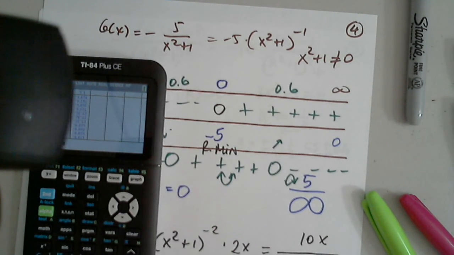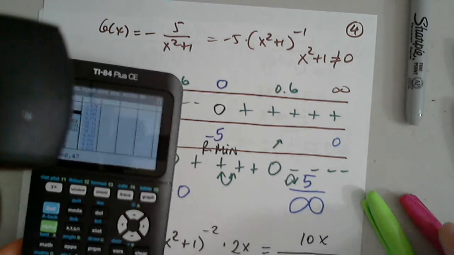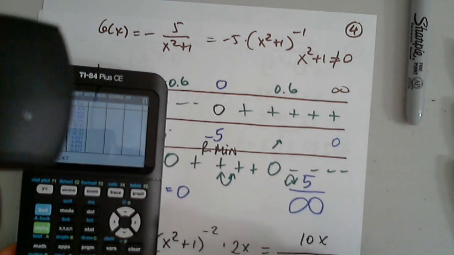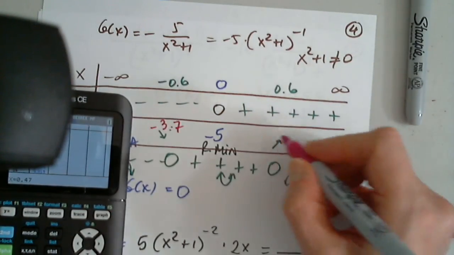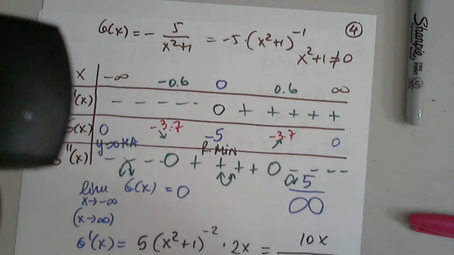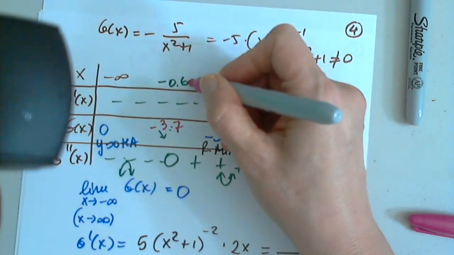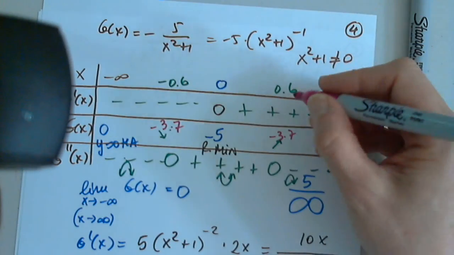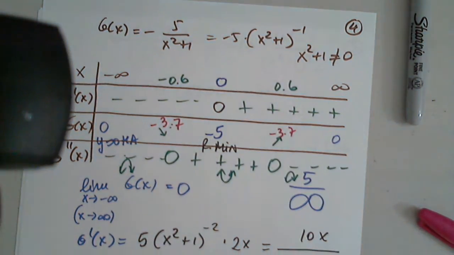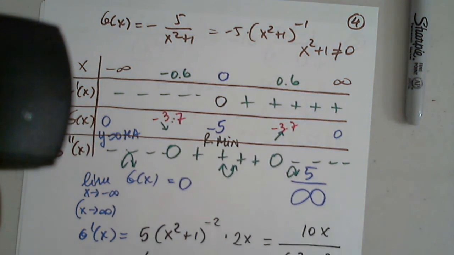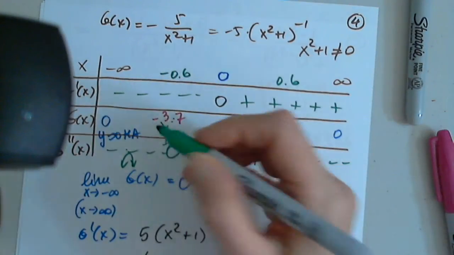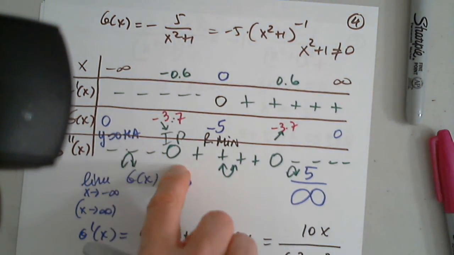They will be the same with 0.6 because the function is even, I'm sorry. So this is -3.7 and this is -3.7. So what type of point will be -0.6 comma -3.7 and 0.6 comma -3.7? Anyone? Inflection point. Thank you very much. Why? Because the second derivative changes sign and is 0 at that point.